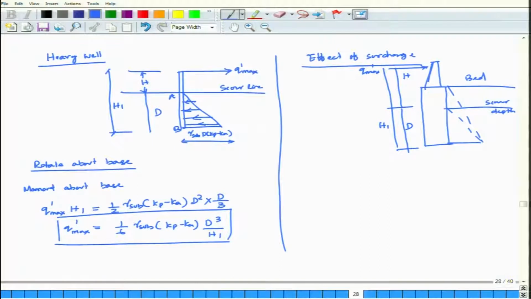Now, if there is unscoured soil above the bed level, the influence is taken into account by considering earth pressure due to surcharge.